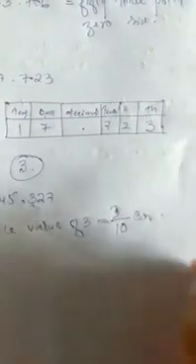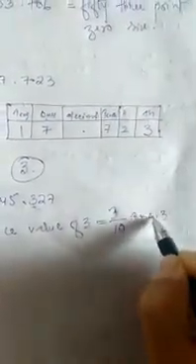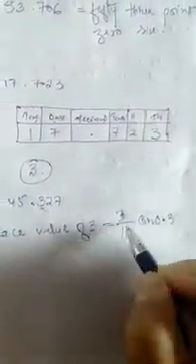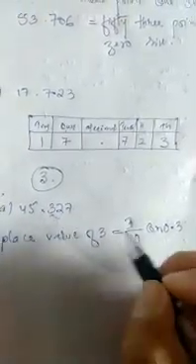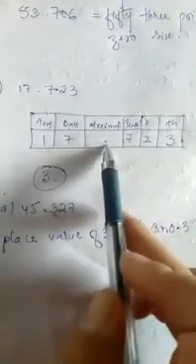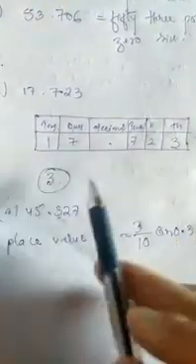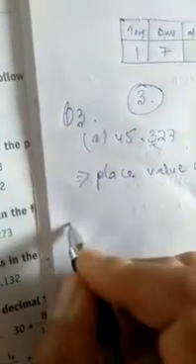First digit 3. You can write here 0.3. This is fractional and this is a decimal number. 3 by tenth. Why? Because after the decimal the first place is tenth. 3 by tenth or 0.3. Okay, now again let's do more here. I will do question B also.